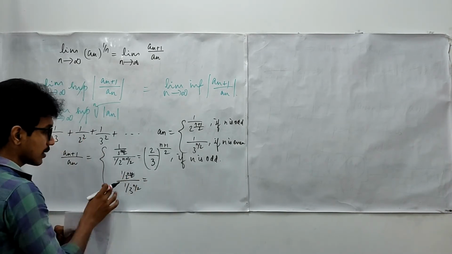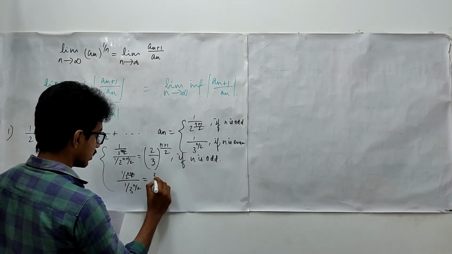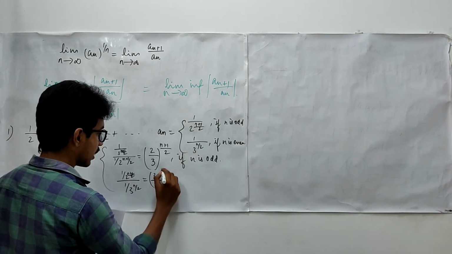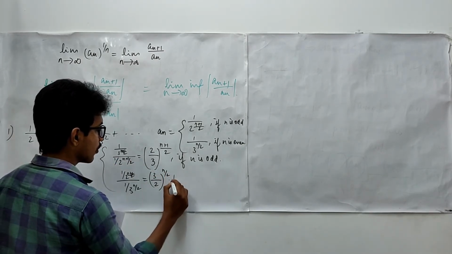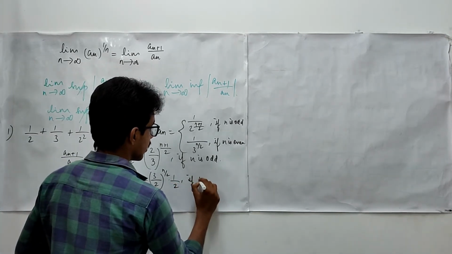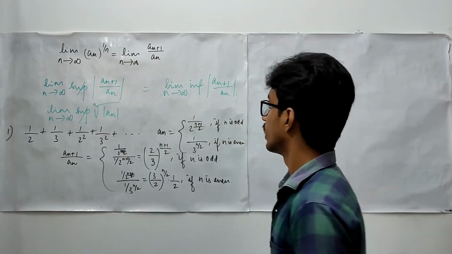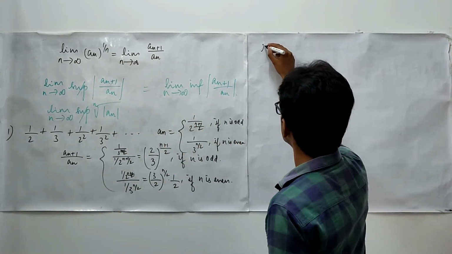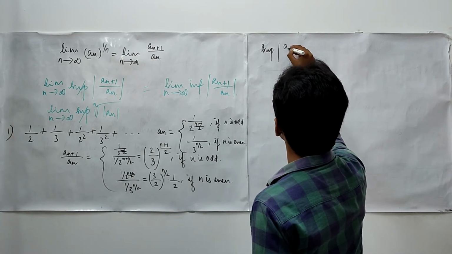So in this case, what am I going to get? I am going to get 3 upon 2 whole power n by 2, and along with this I will have 1 upon 2, if n is even. Now let me take the supremum of this value.